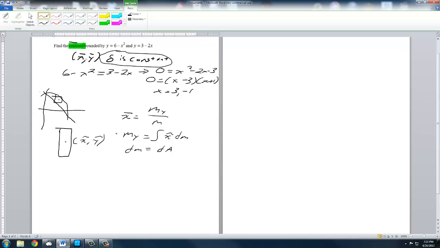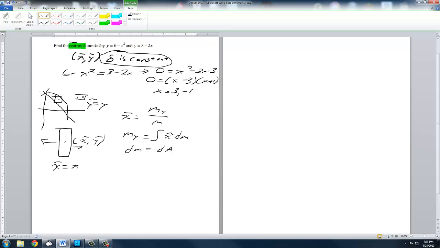Okay, so how do we get this? Well, what is x tilde? Since our rectangle is moving left and right, we're just going to make x tilde equal to x. Now, if you're doing a problem where x equals values in terms of y, and your rectangle was going in this direction, then you would let y tilde equal y.